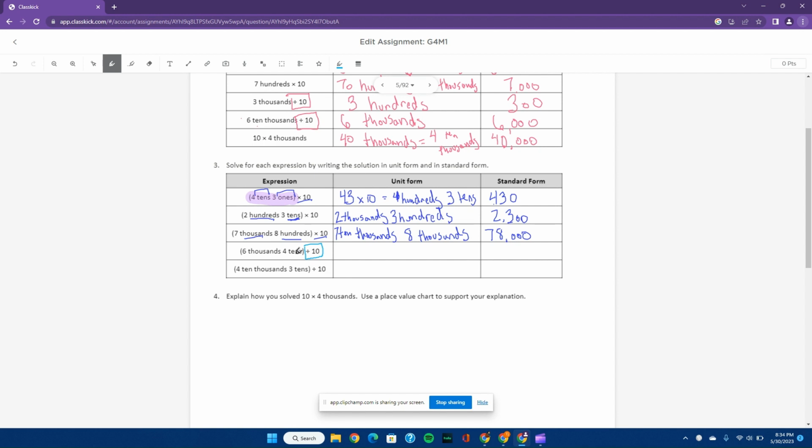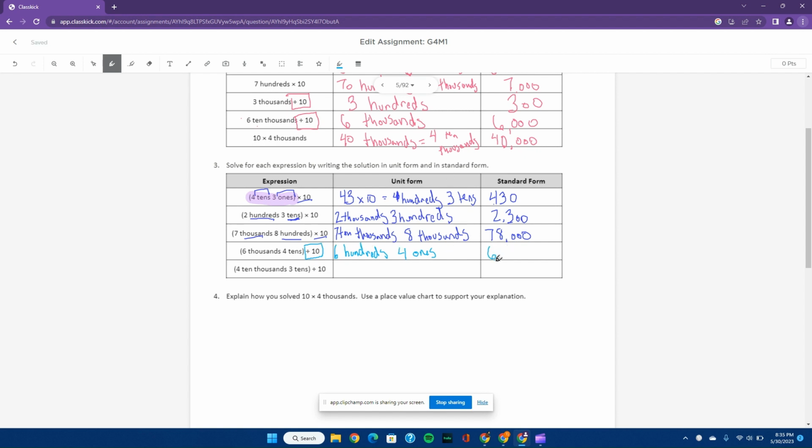So thousands will become hundreds, hundreds will become tens, tens will become ones. So 6,000s, if I were to divide that by 10, that would become 600s. And 4 10s would become 4 ones.